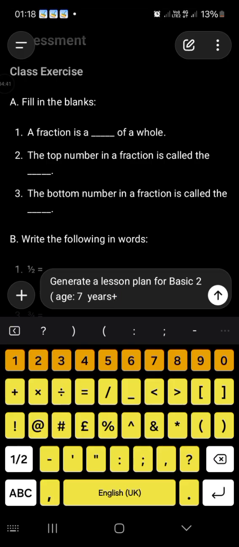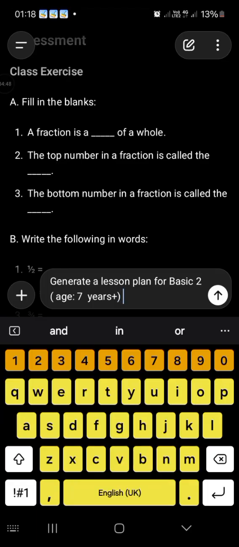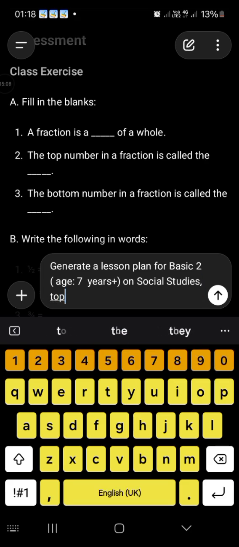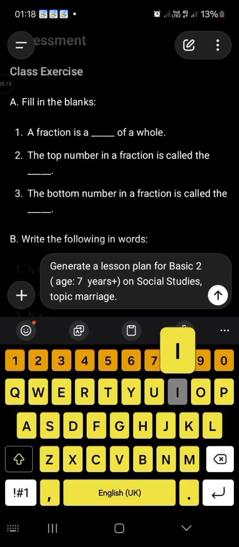Generate a lesson plan for Basic 2 on social studies. Topic: marriage.